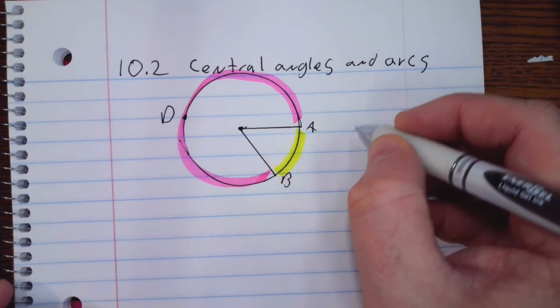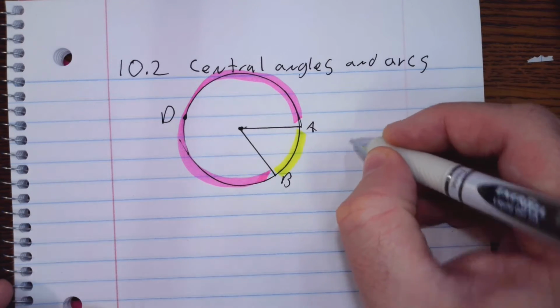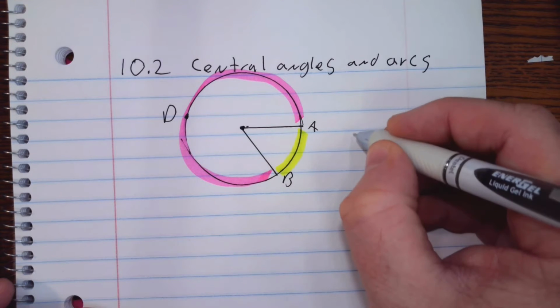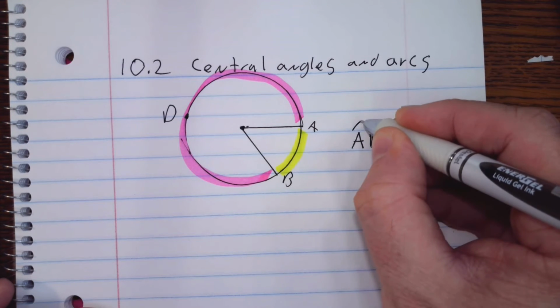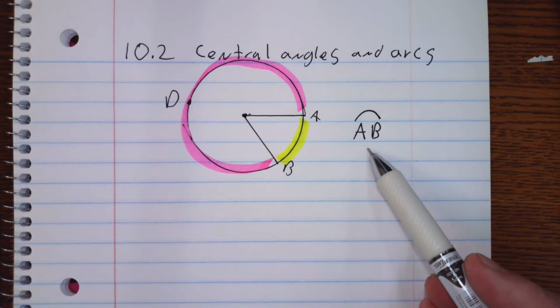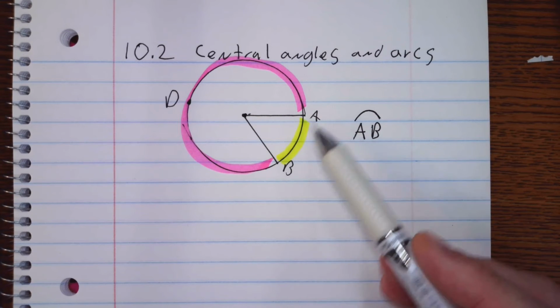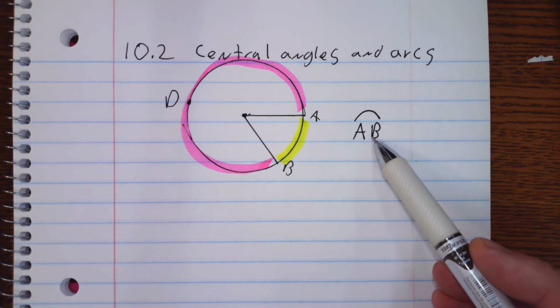When we name an arc, they put minor arc and major arc in your book. This is how you write an arc: AB, and then I put a little rainbow above it. When I write AB, I'm talking about the minor arc, because I want to go the shortest distance between these 2 points.